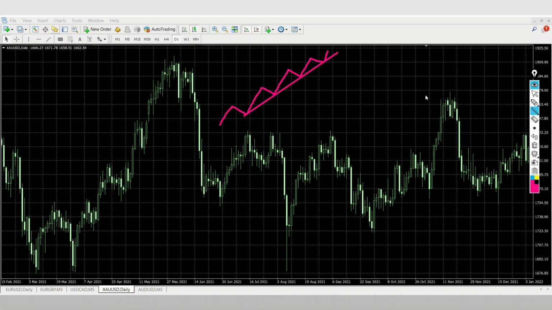If it is in a downtrend, then you have to connect like that. You see? Things are supposed not to be forced in order to work out correctly.